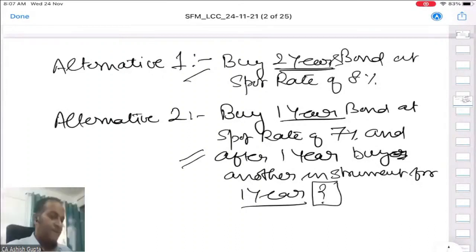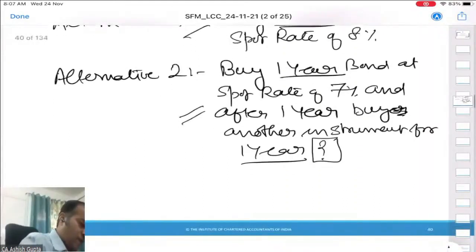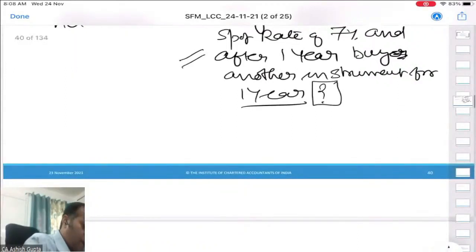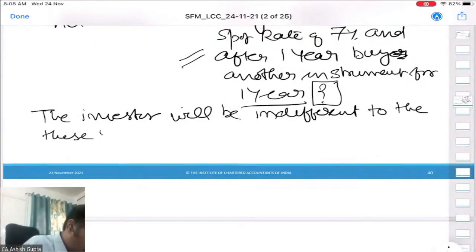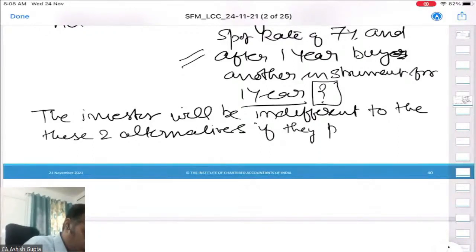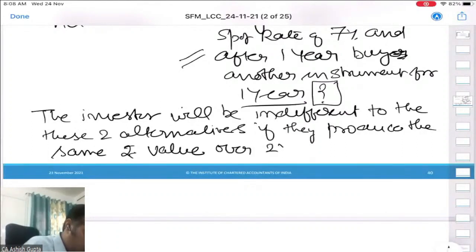So we can say like that: the investor will be indifferent to these two alternatives if they produce the same rupee value or bond value over the 2 year investment horizon or period.